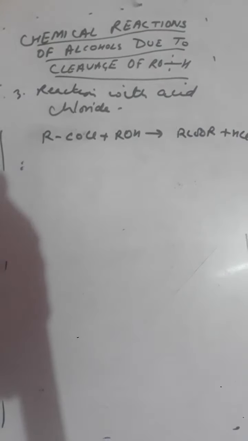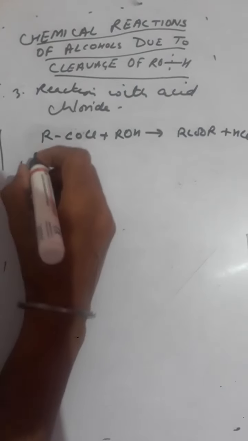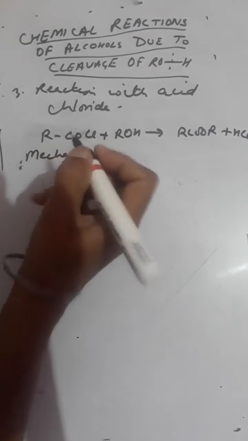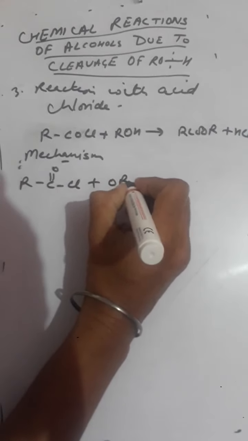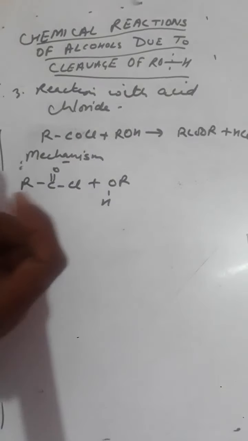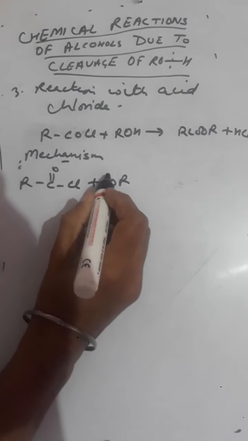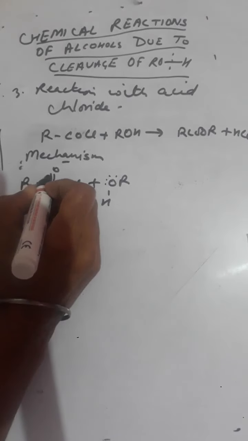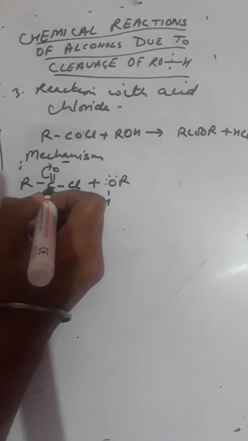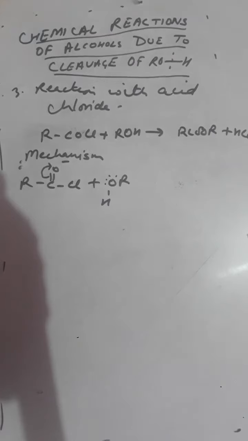Let's discuss the mechanism of this reaction. This is your acid chloride, which reacts with alcohol. We know it's the nature of the carbonyl group that in the presence of a nucleophile, this bond will be given up to the oxygen and the carbon will become somewhat positive.